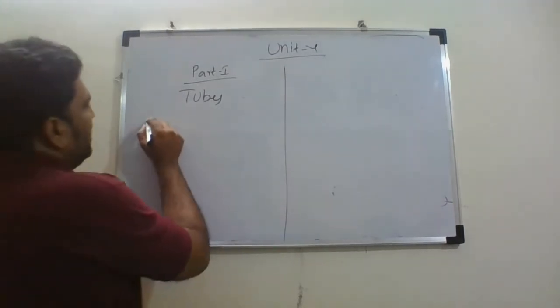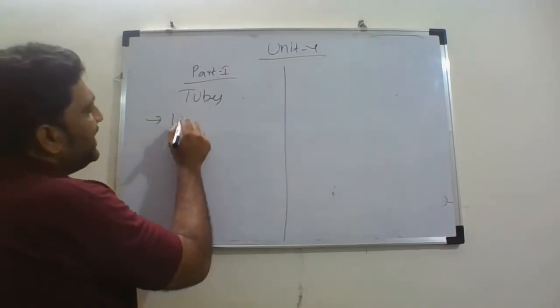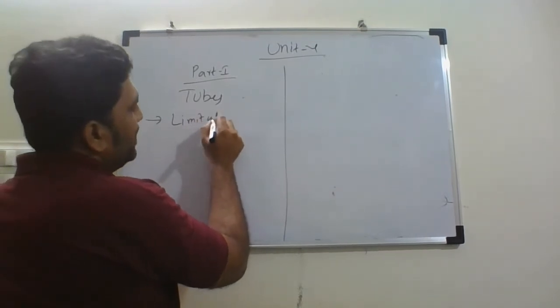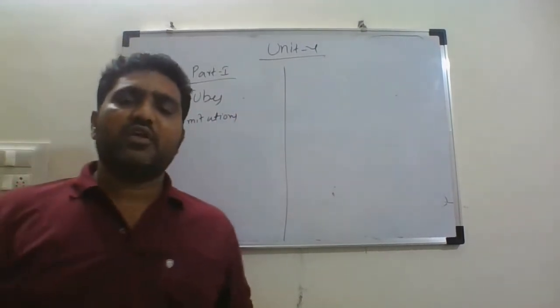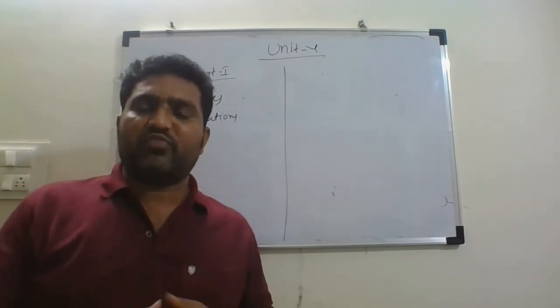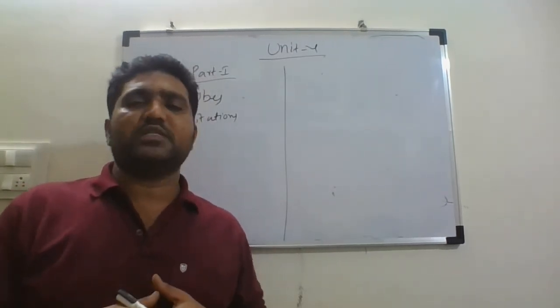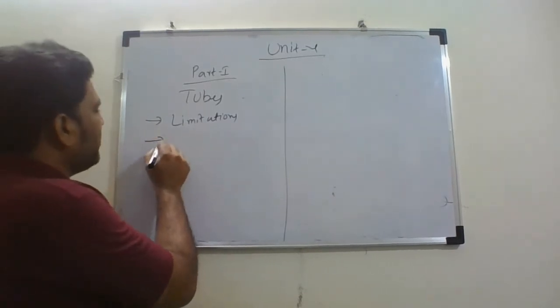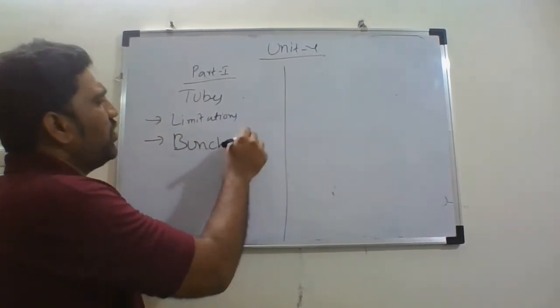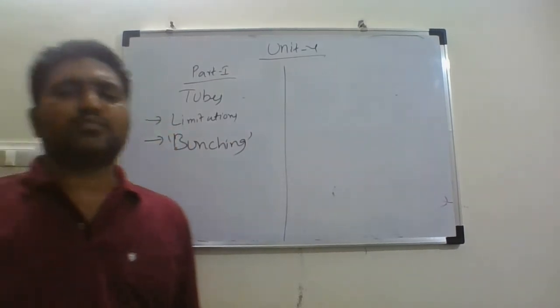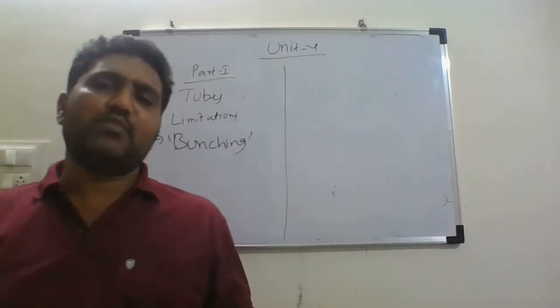Firstly, we will discuss what are the limitations of the conventional tubes, like the various generators we have. What are the limitations of them, why can't we use them at high frequencies, and then we will be discussing one very important concept called bunching. What is meant by bunching, or what is meant by voltage modulation, velocity modulation.